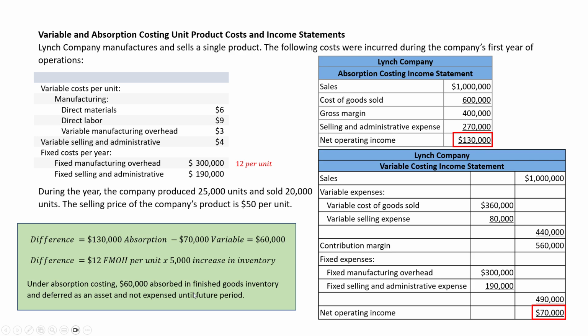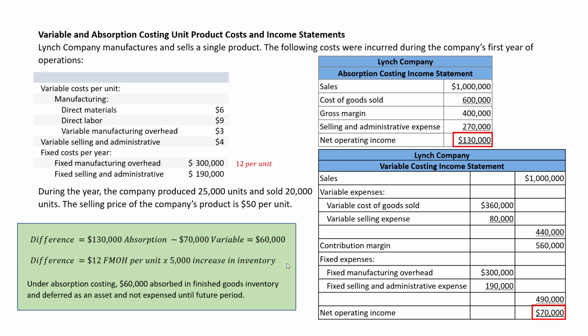With our absorption costing traditional income statement, we took $60,000 that would have been expensed as part of the total fixed manufacturing overhead under variable costing, and I don't want to say this in a negative way, we buried it in inventory in finished goods and didn't yet expense it as part of absorption costing.